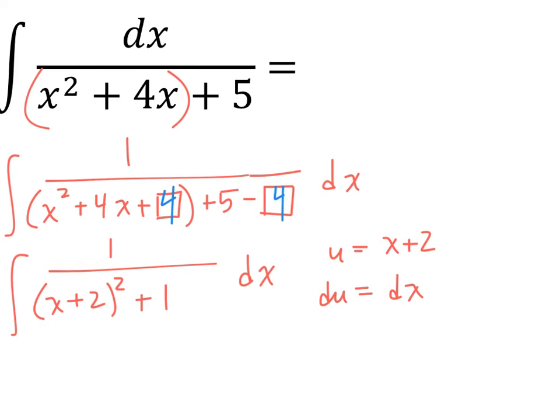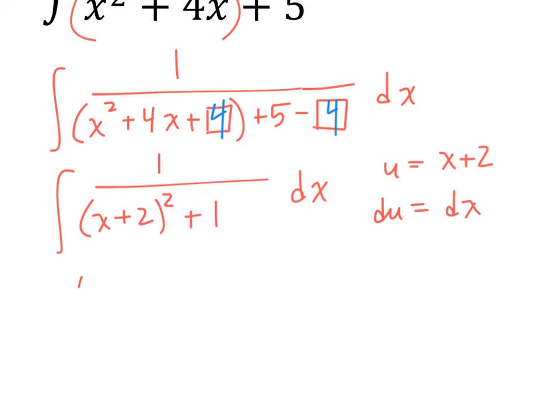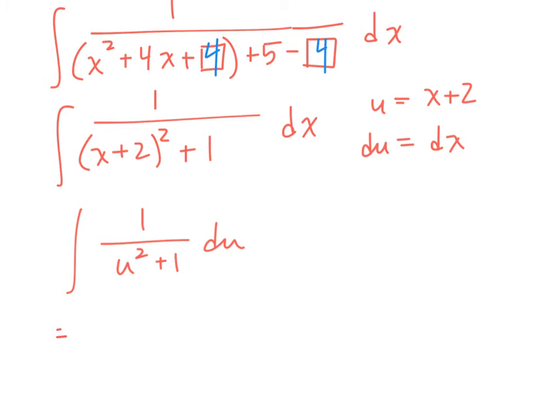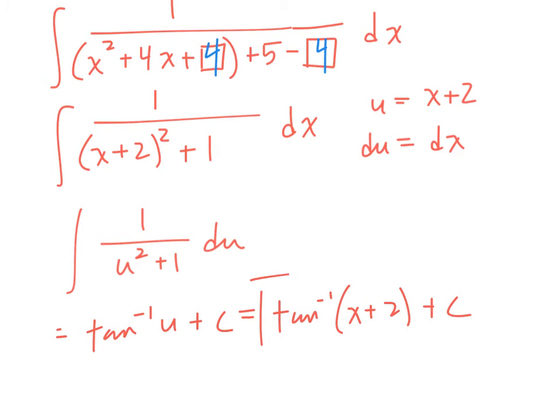Oh, that's a very nice direct substitution. So then this is just going to be 1 over u squared plus 1 du. Okay, inverse tangent u plus c, which is inverse tangent of x plus 2 plus c.